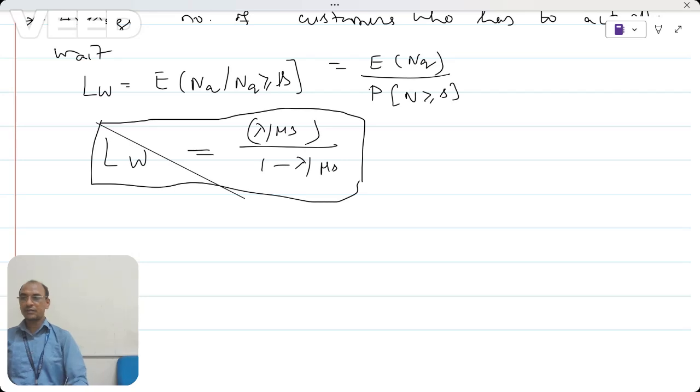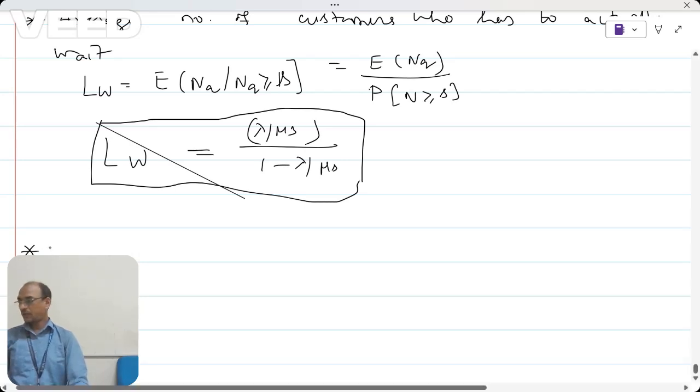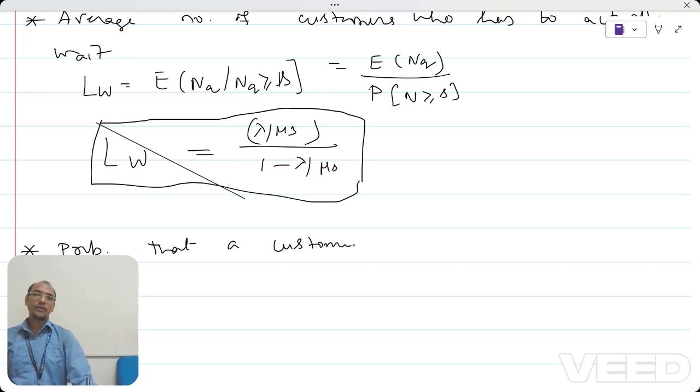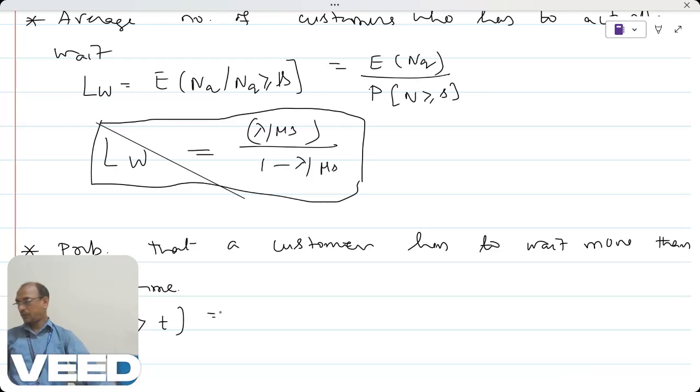And the final characteristic of this one is the probability that a customer has to wait more than time t. That is P of w greater than t.